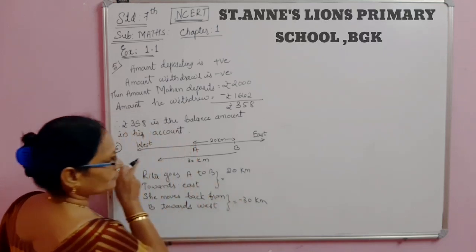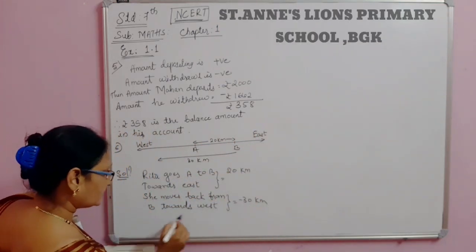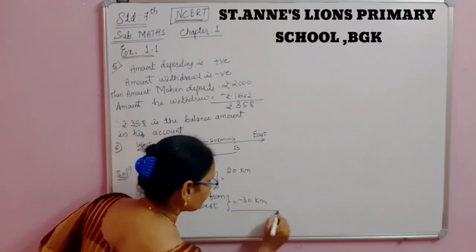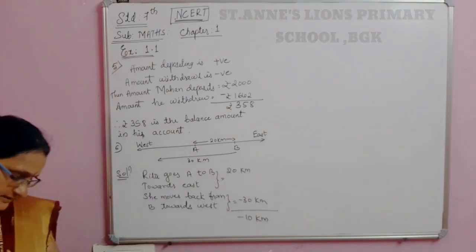Why? Towards east is positive, means towards west is minus. Therefore, this is nothing but minus 10 kilometers.